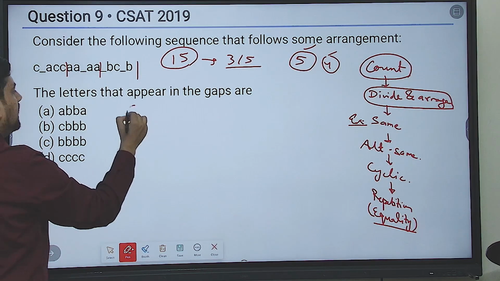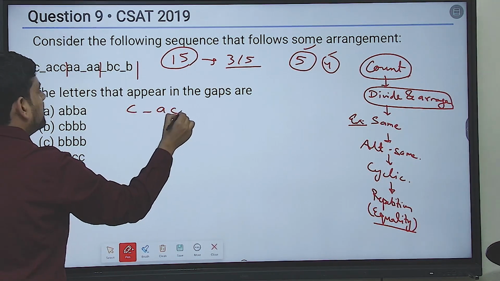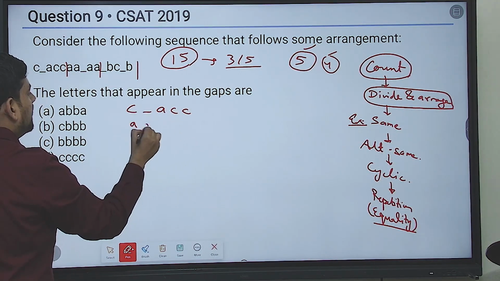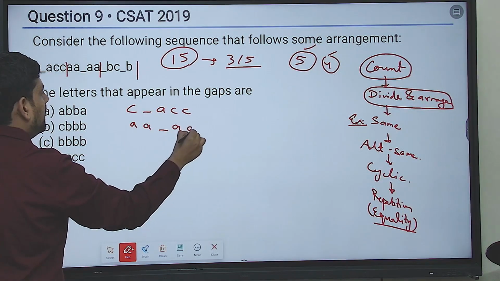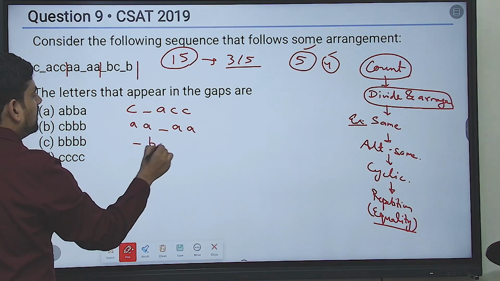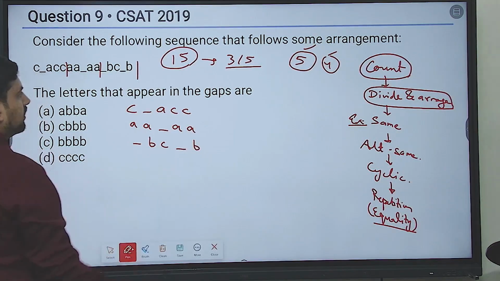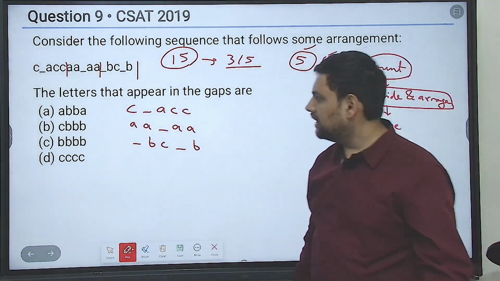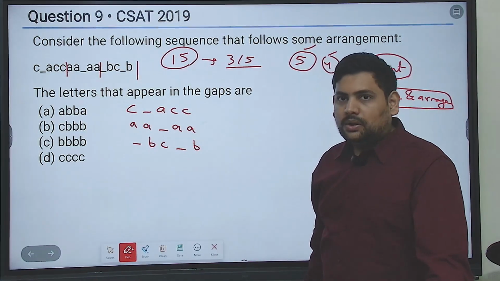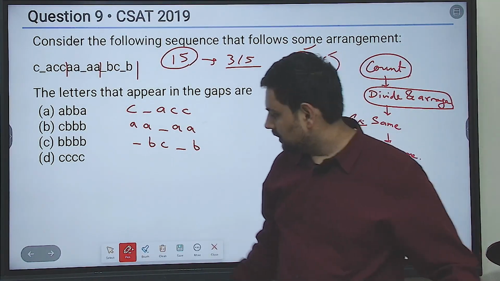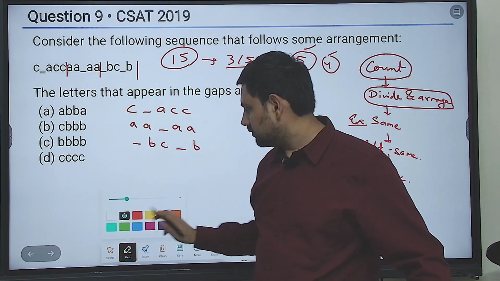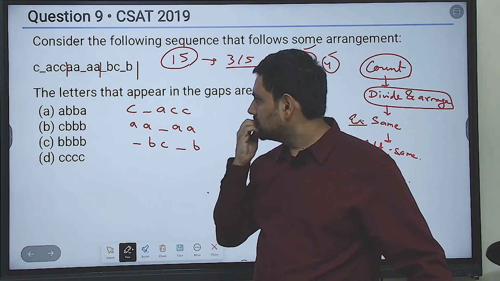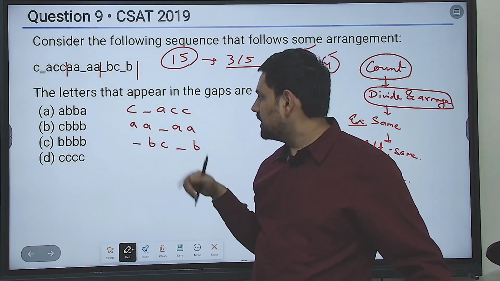Now let's write them. C dash A, C C, then A dash A, then dash B, C dash B. These are the 3 groups that you get. So this is the pattern.